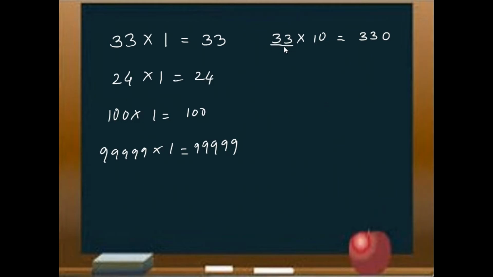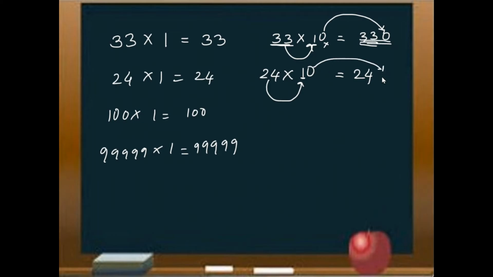So if you focus on these numbers 33 and a 1 and just ignore this 0 for now, 33 times 1 is 33 and this 0 if you just take it back, it's 330. Similarly 24 times 10. Again if you focus on this 1, 24 times 1 is 24 and take that 0 back. So it's 240.